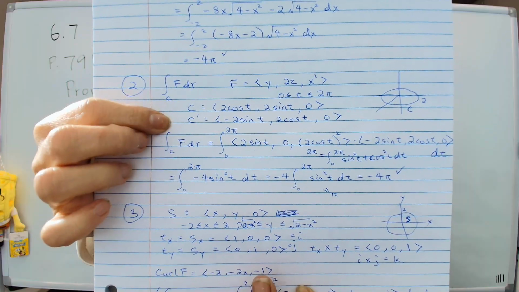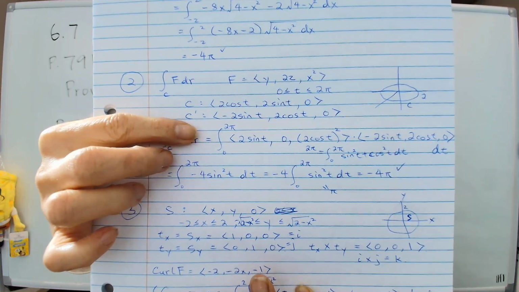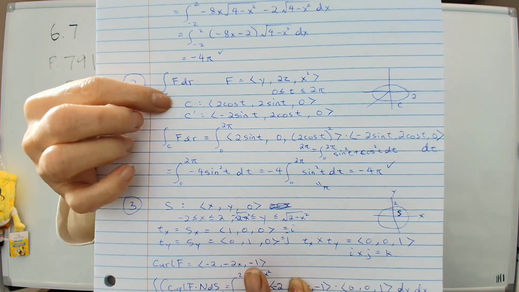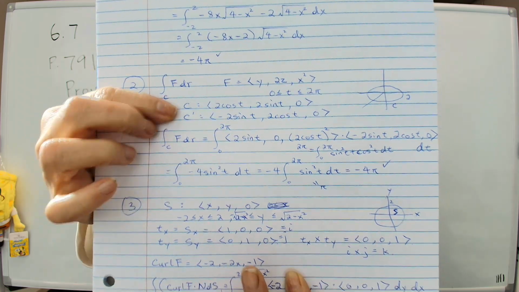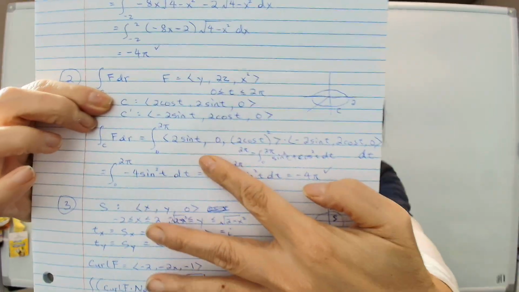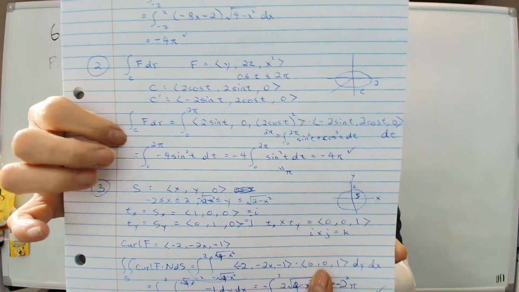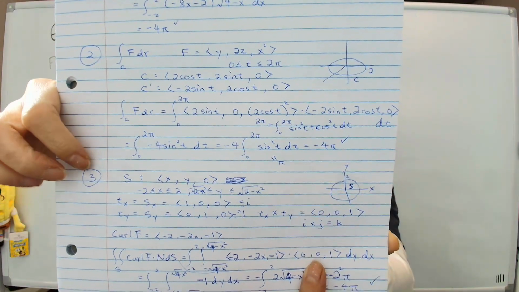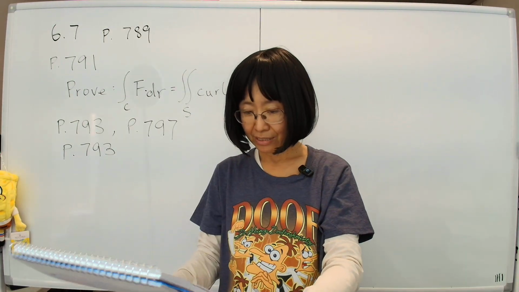And so we calculate C prime and follow the formula for F·dr, where we plug in C values into F, and then dot with C prime. See, that's why this looks like that. So once you've done that, then we have something, and that is also equal to minus 4 pi, and that is good.